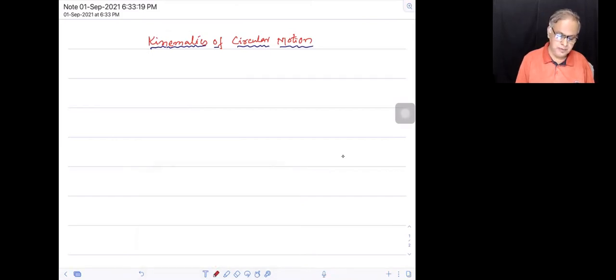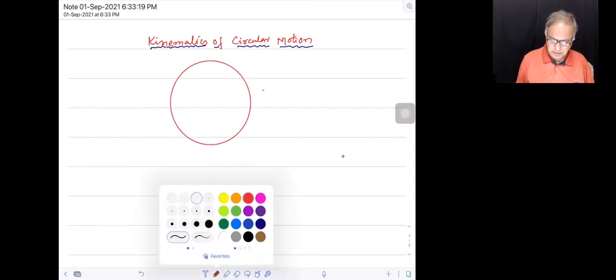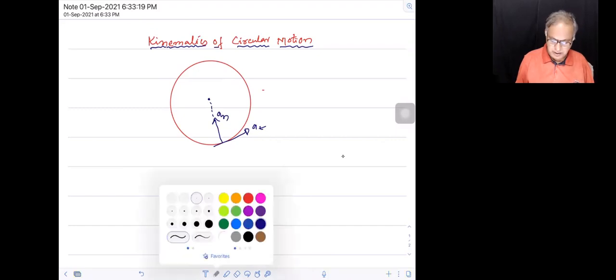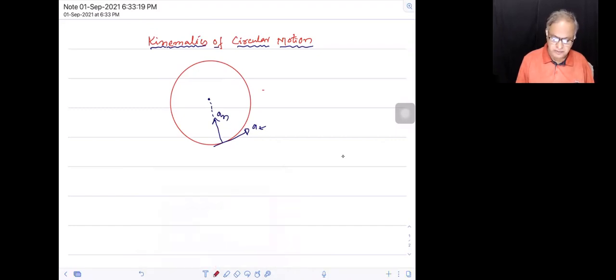Children, when a particle is moving in a circular path, in general, we have told the acceleration can be thought of as having two parts, a tangential and a normal. The A total being somewhere in the middle of the two.